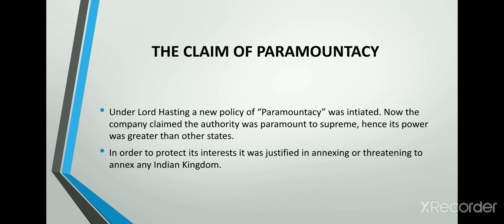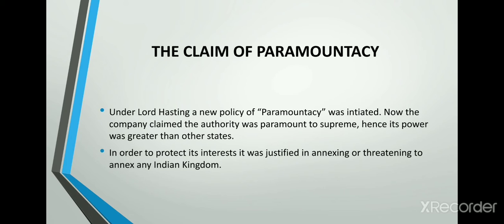Now let us see what is meant by the claim of paramountcy. It is clear from the above that from the early 19th century onwards, the company pursued an aggressive policy of territorial expansion. So under Lord Hastings, a new policy of paramountcy was initiated.